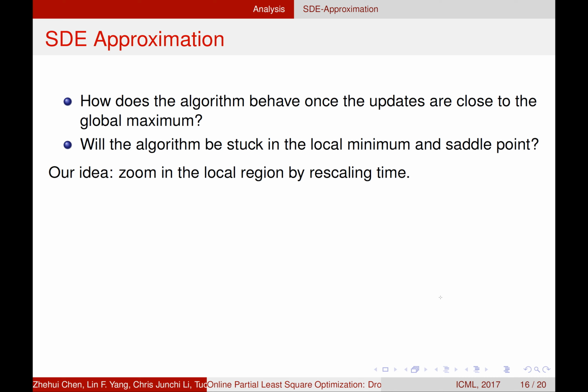What I mean by zooming, I define a new random variable, z_i. z_i is equal to this subspace angle divided by square root eta.